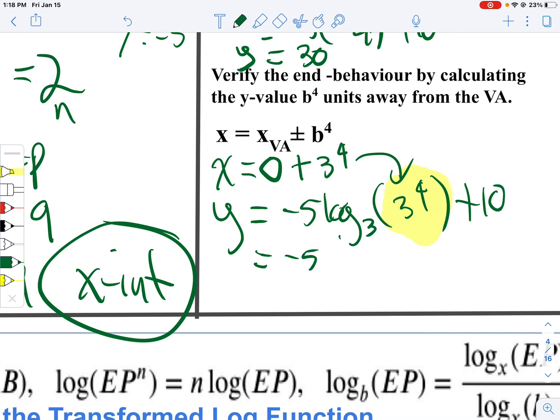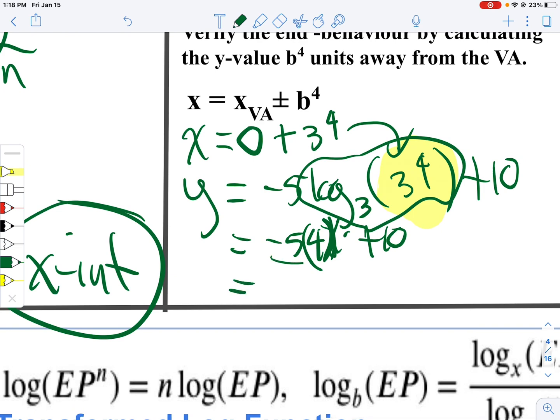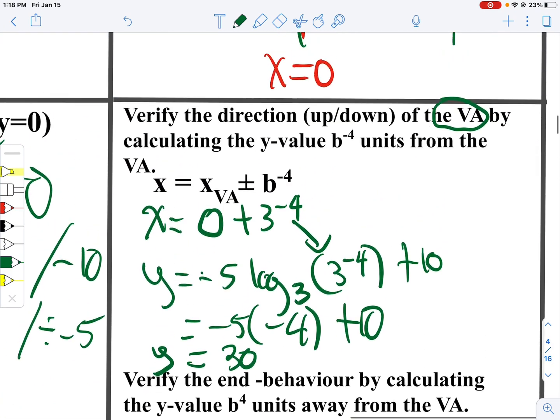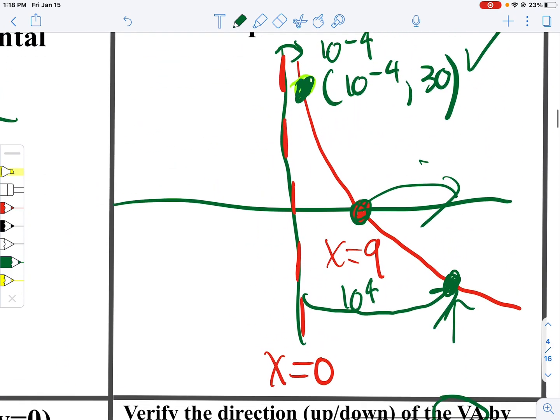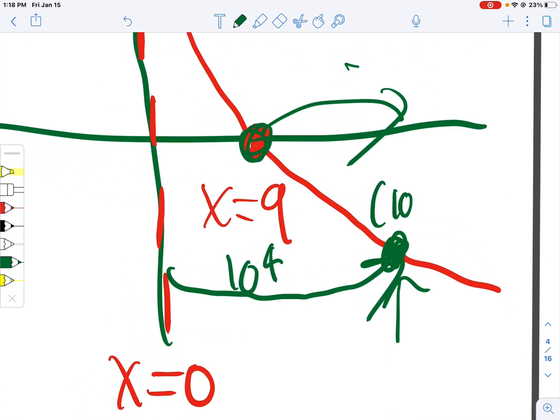So negative 5 times 4, plus 10. Well, negative 5 times 4 is negative 20. Negative 20 plus 10 is negative 10. So I go up to the graph, and I know that when x equals 3 to the 4th, y equals negative 10.